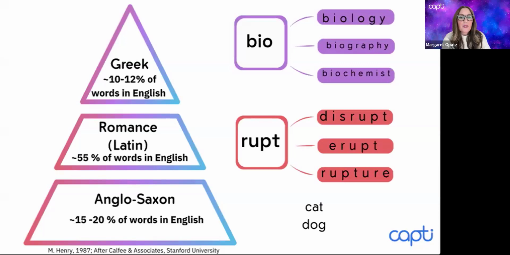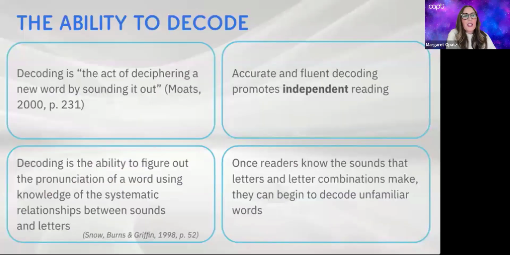So before we get into decoding a little bit more, I want to just think about this. We know that decoding is really important. It's that foundational skill that students need to be able to take the words off of the page so that they can start to make meaning. So it's really that sounding out. When a student can start to accurately and fluently decode, it starts to promote independent reading.